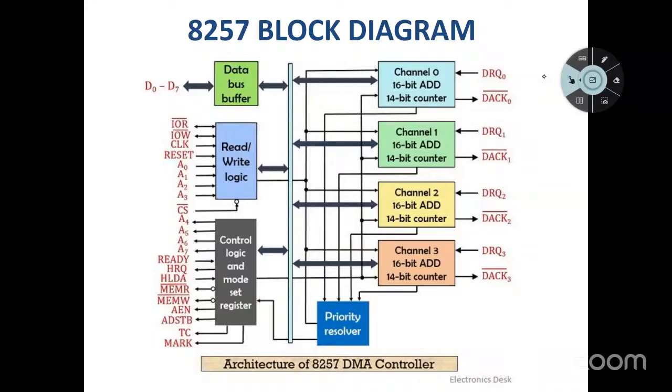Everyone, draw the DMA architecture. You can see the 4 channels here: channel 0, channel 1, channel 2, channel 3. Each channel has a DMA request and a DMA acknowledgement. These 4 channels connect to 4 different external devices.